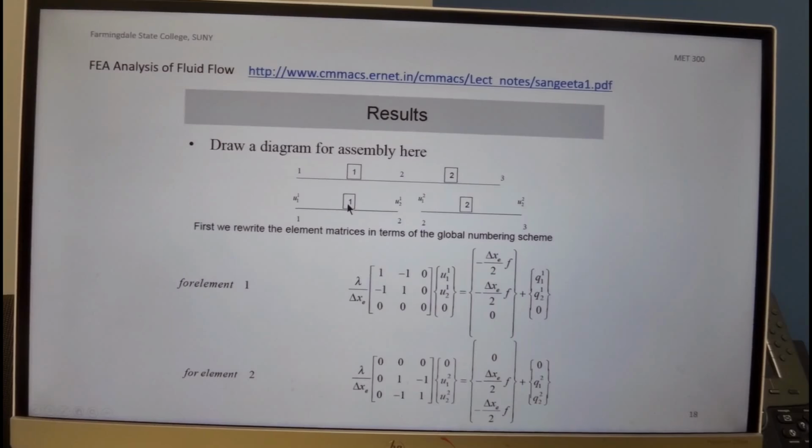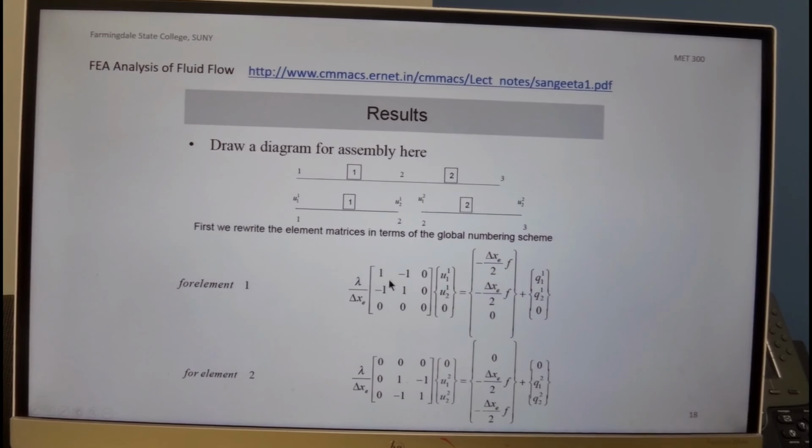Each element has two nodes, 1 and 2, 1 and 2. But globally, this node is 2, this node is 3, this node is 1. So node 2 of element 1 is global node 2, and node 1 of element 2 is global node 2.